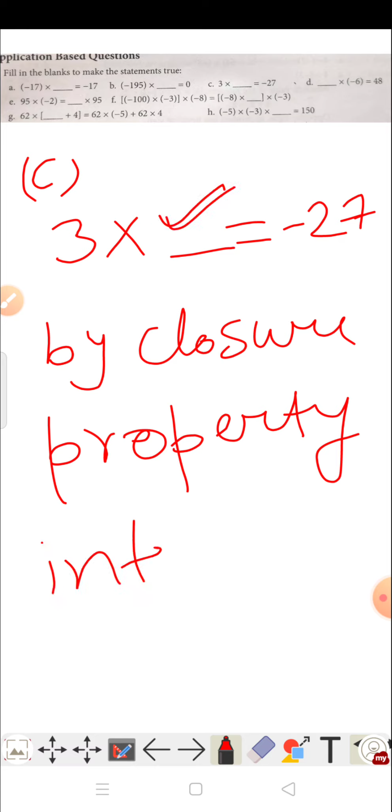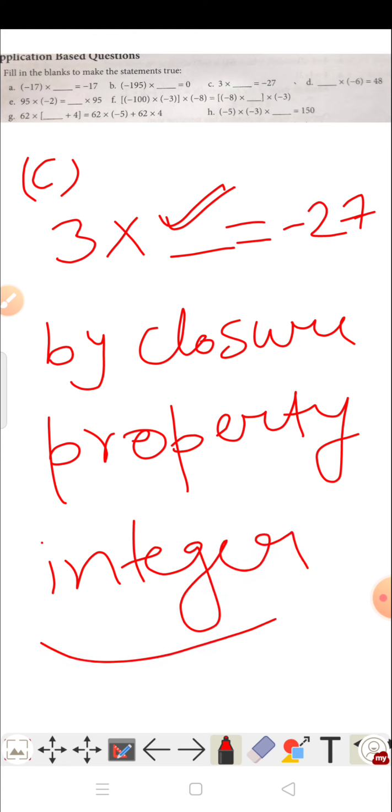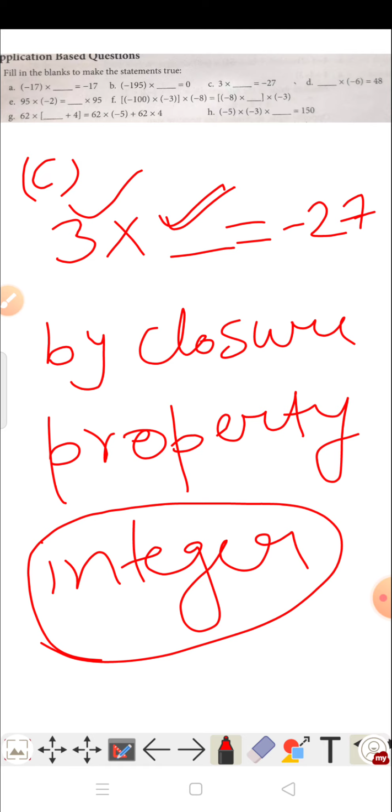What will come? An integer. Because according to closure property, when two integers are multiplied, their resultant will be an integer. So 3 is also an integer, minus 27 is also an integer. So this blank must be filled by an integer. Clear?